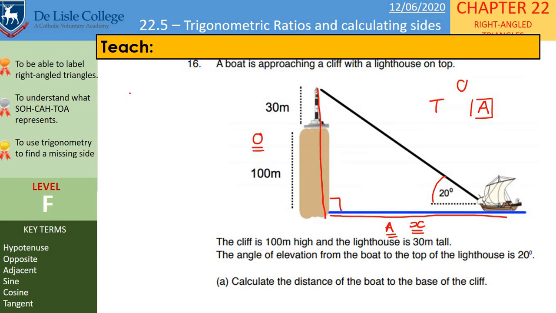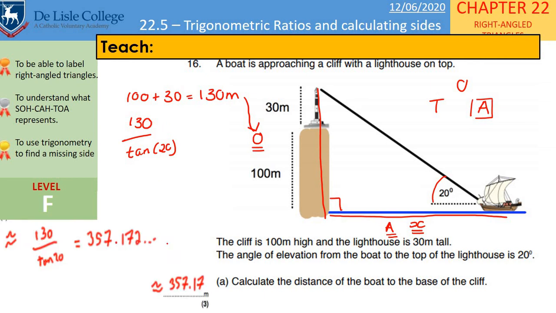So we need to do 100 plus 30, which is 130 metres, which gets our total opposite. Okay, so we're actually doing 130 over tan 20. Okay, and if we do that, we get 357.172, which is maybe around 357.17 because it's in metres and centimetres. Okay, lovely. Feel free to pause the video and copy this down if you'd like to.